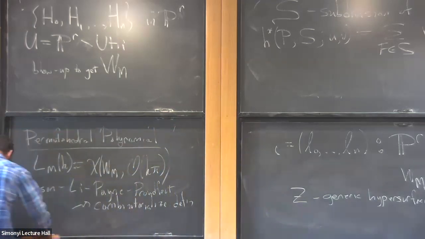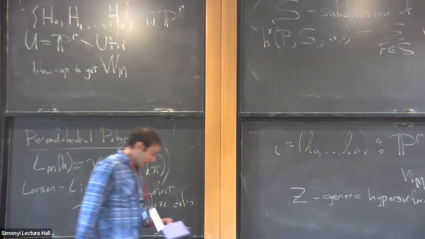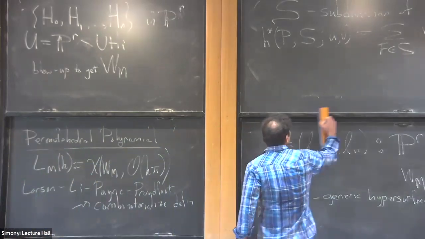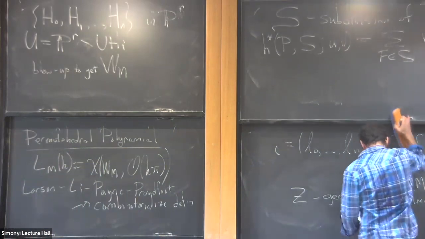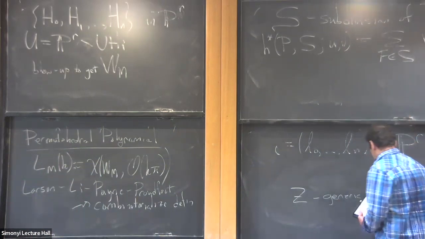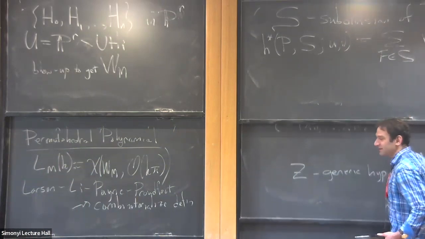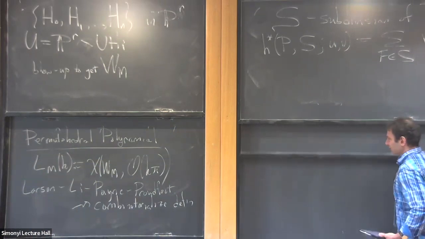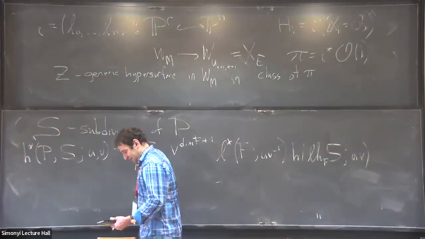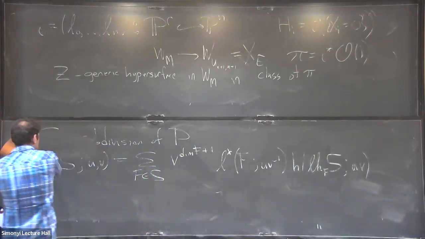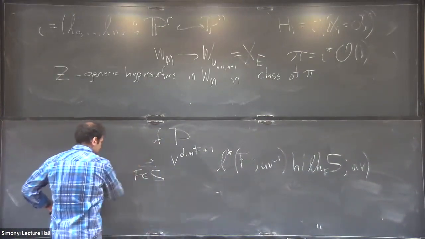Valuative in this case means that if I have a matroid subdivision of my matroid M, the invariant is additive under matroid subdivisions, or obeys inclusion-exclusion under matroid subdivisions.